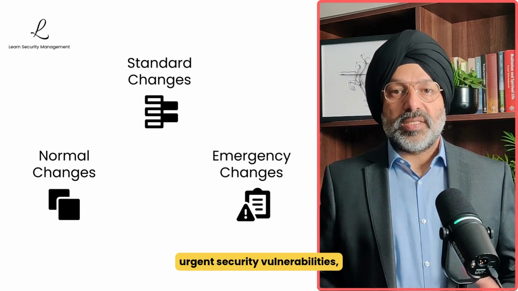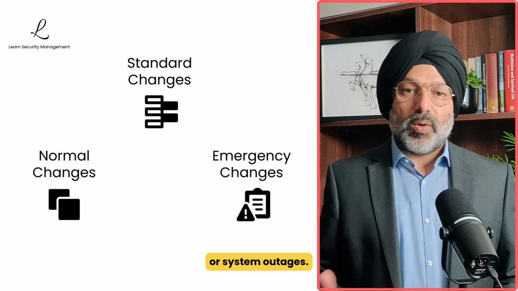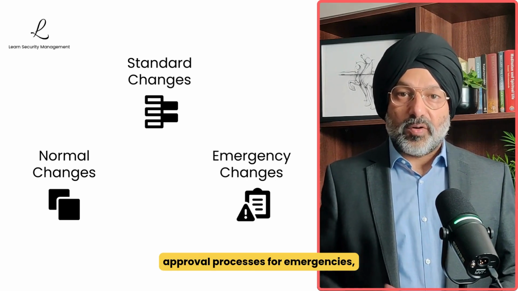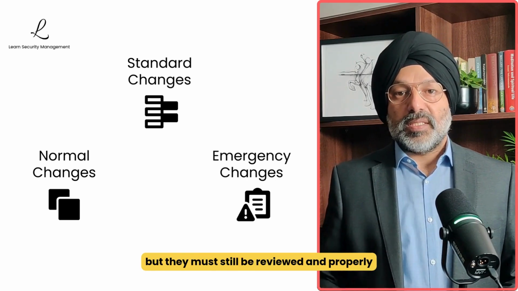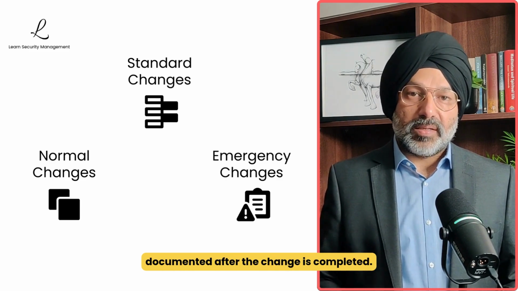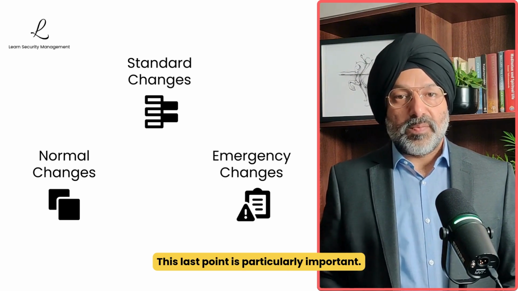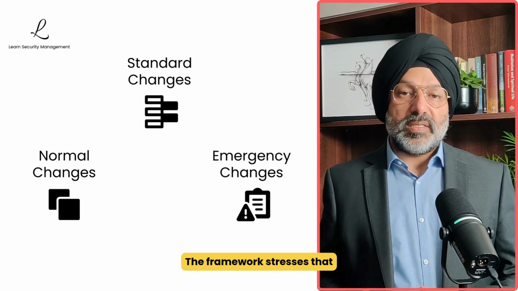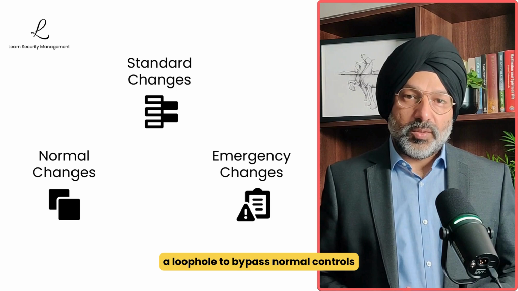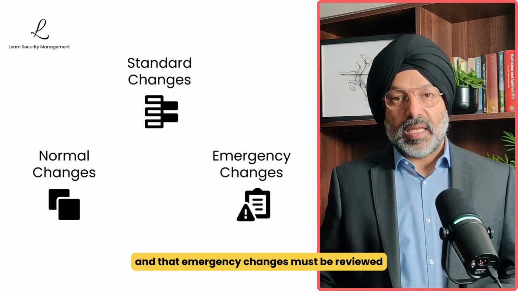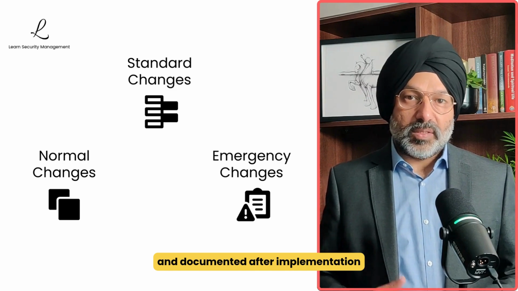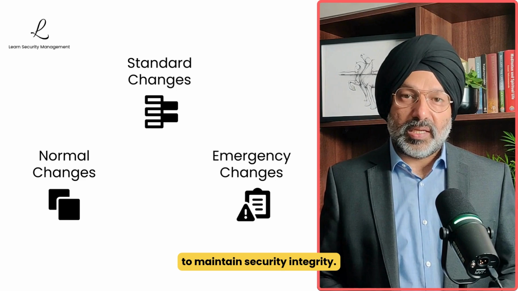Emergency changes address urgent security vulnerabilities or system outages. The CBK requires faster approval processes for emergencies, but they must still be reviewed and properly documented after the change is completed. This last point is particularly important. The framework stresses that emergency procedures should not become a loophole to bypass normal controls, and that emergency changes must be reviewed and documented after implementation to maintain security integrity.